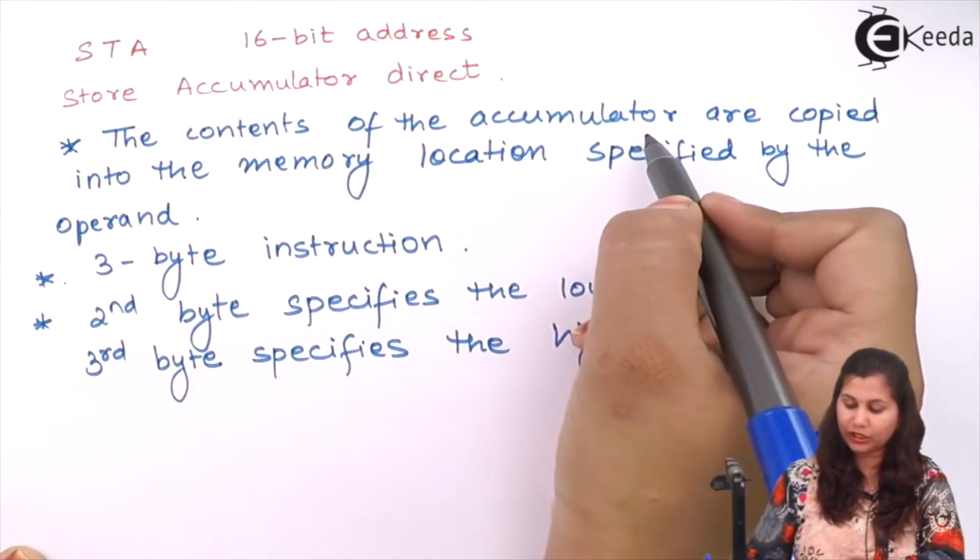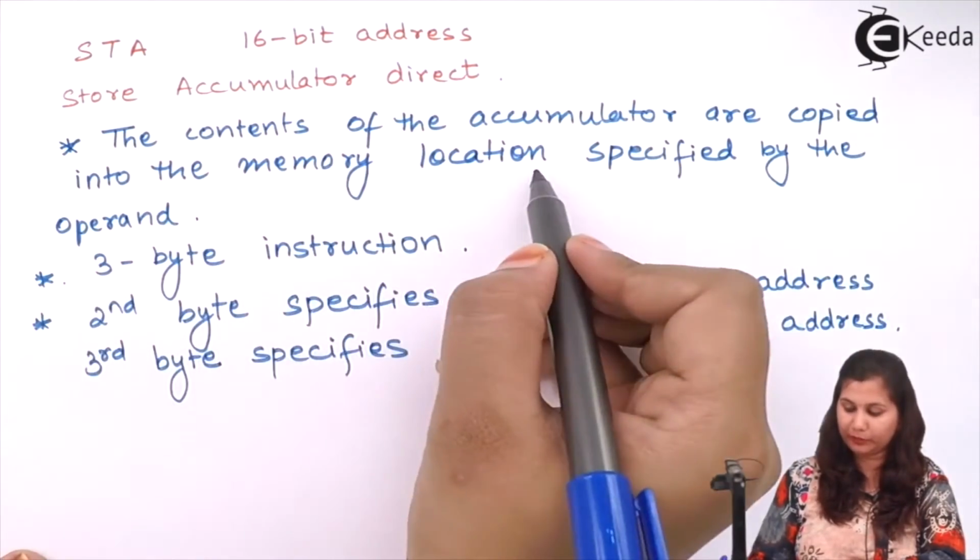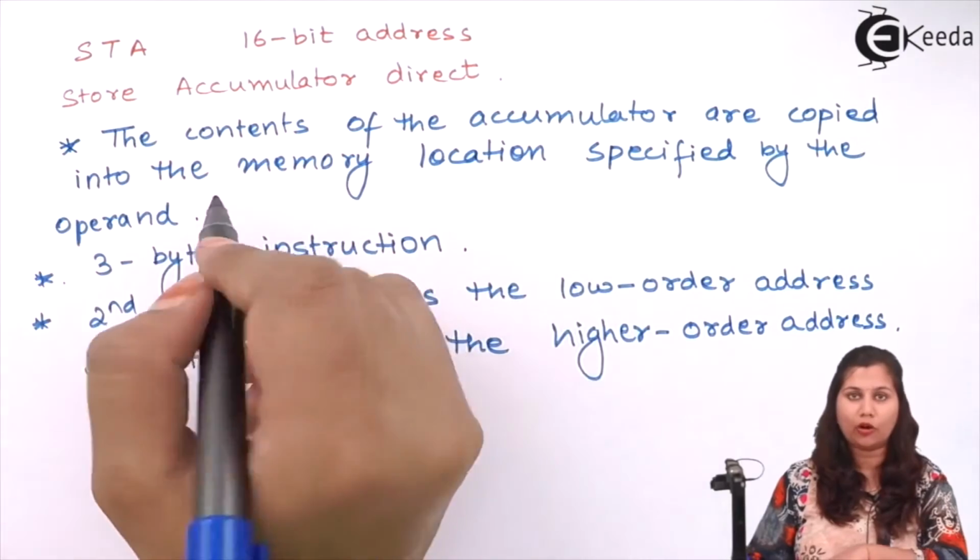So the contents of the accumulator are copied into the memory location specified by the operand.